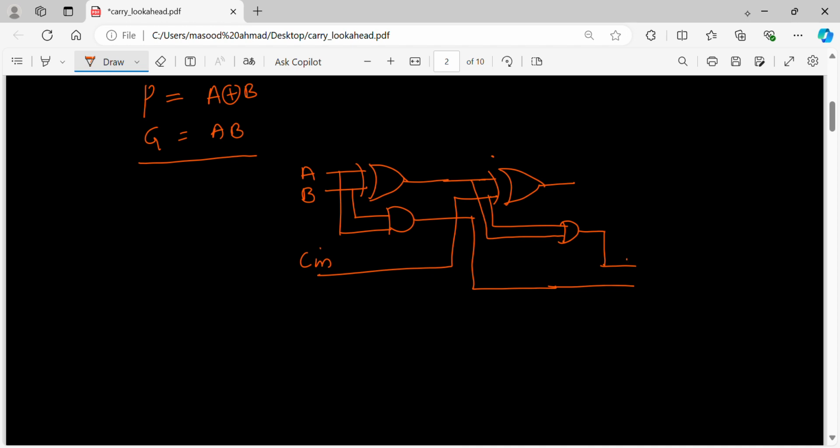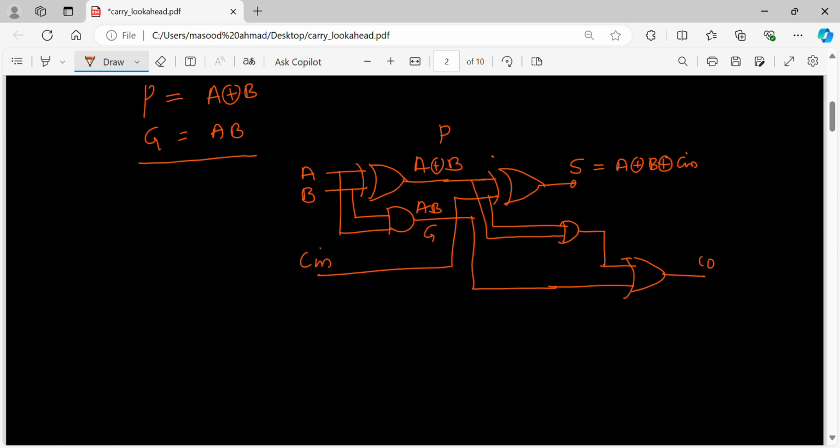That and this you OR, and you get your carry out. This is A XOR B, this is AB, and this is your sum. The sum is A XOR B XOR Cin. I know that this is P, and this is G.